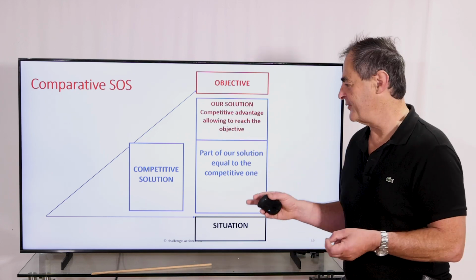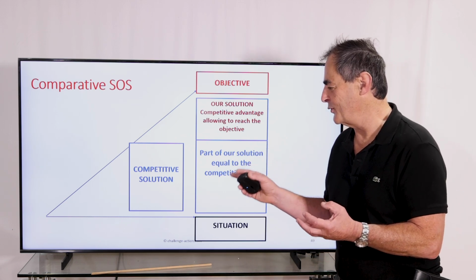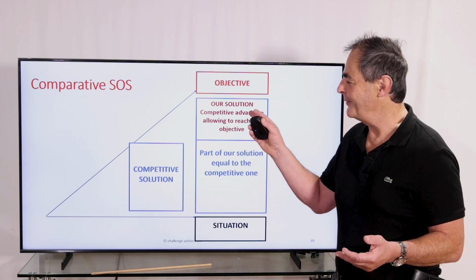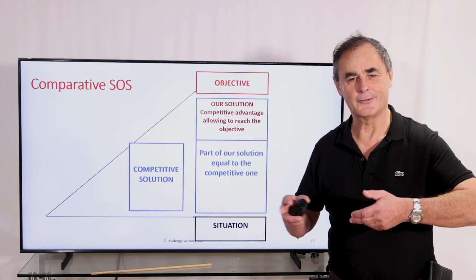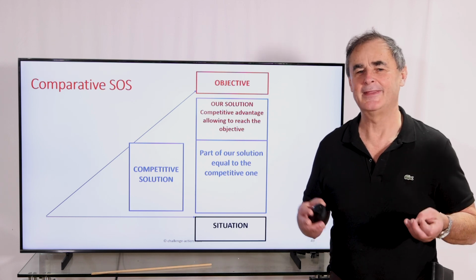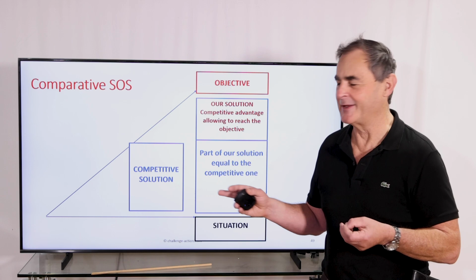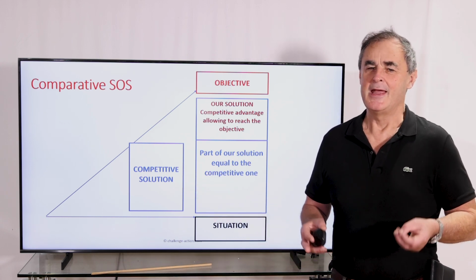So that demonstration allows you to focus on what you do, the difference that you have, and that will allow the customer to do better with your solution than with the competitor's one.